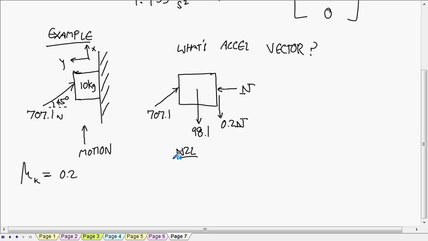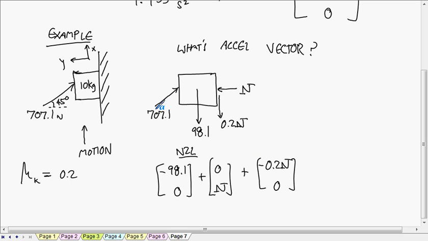So Newton's second law says negative 98.1, that's the weight force, plus 0n. What are the components of the friction force? The friction force is in the negative x direction, so negative 0.2 n, 0.